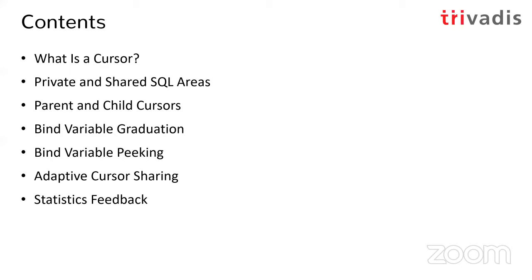Then, once the basic information about cursors is over, we can talk about bind variables, peeking, and some additional optimizations that are available in Oracle database, like adaptive cursor sharing and statistics feedback. Okay, so that's about what to expect over the next 60 minutes.